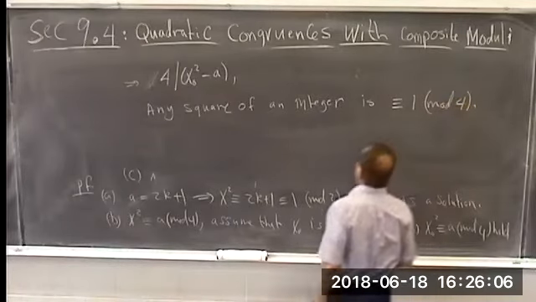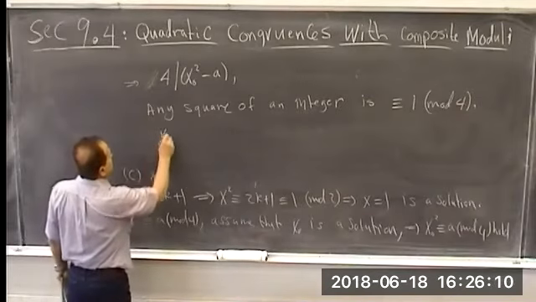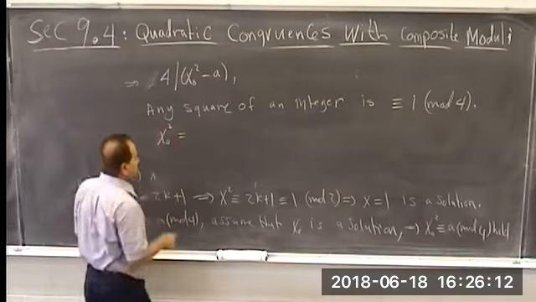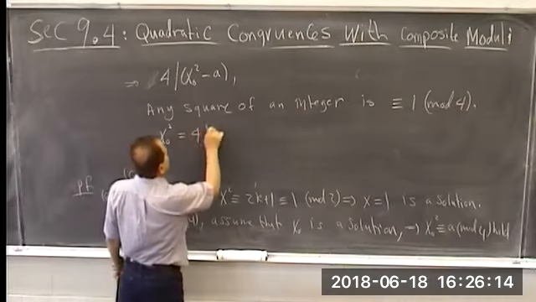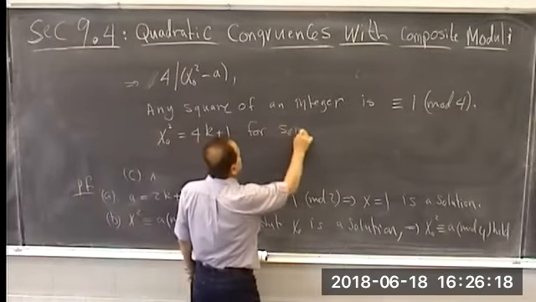This is back in chapter 4, which makes x sub 0 squared equal to 4k plus 1 for some k.